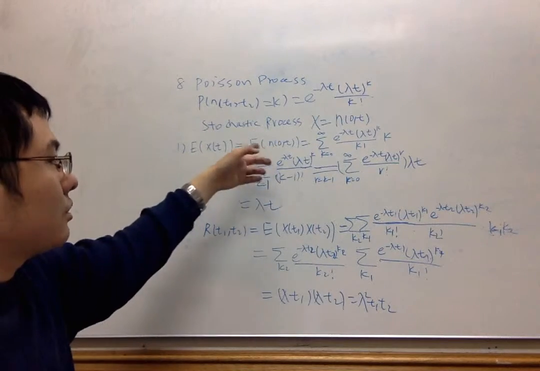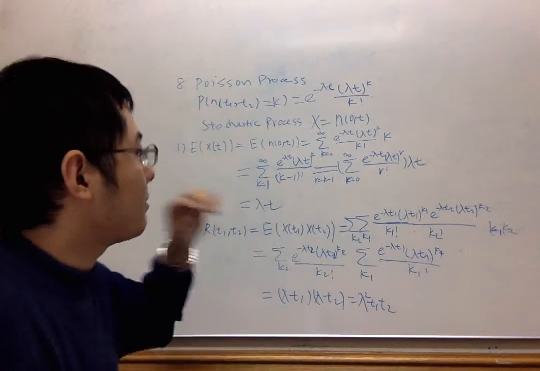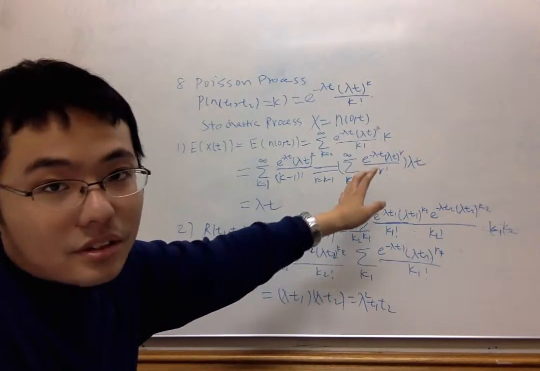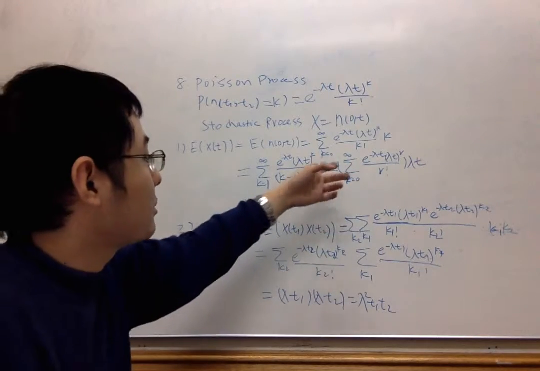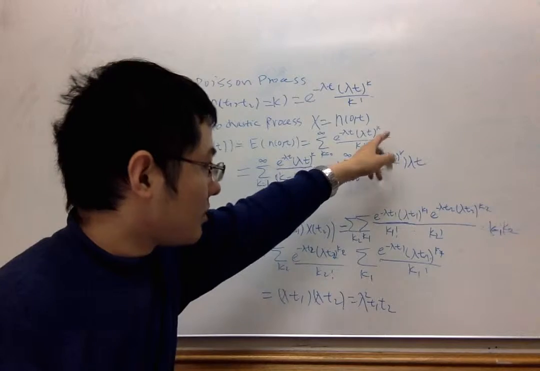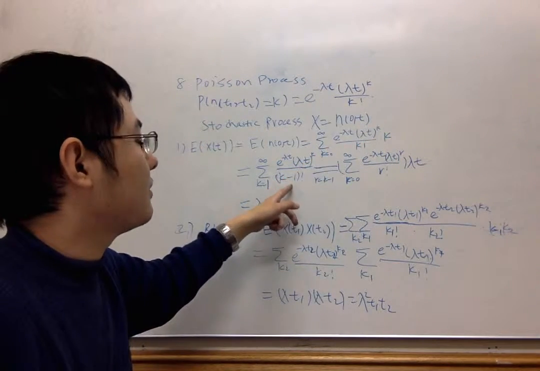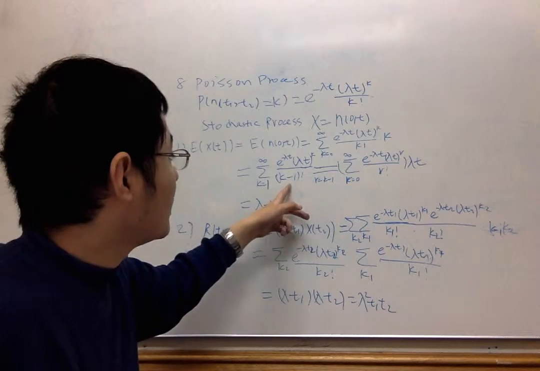So the first question, I'd like to know the expectation of X. We just substitute the concrete form of X, and we get that. There's a little bit of a trick, some technique in the summation: we could simply multiply k into the denominator, so we get the factorial of k minus 1.